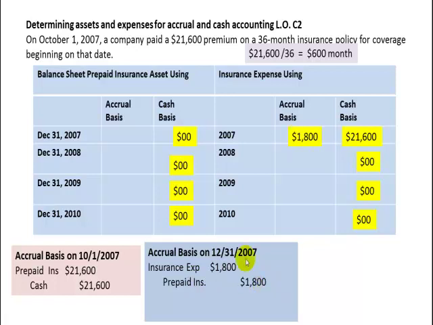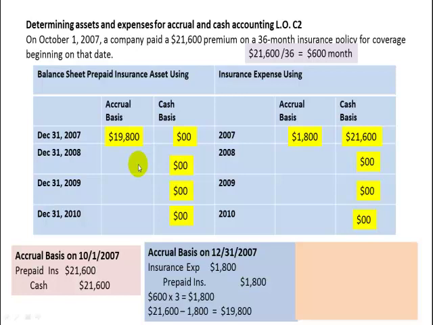So under accrual basis accounting, our expense for 2007 will be $1,800, and our asset will be the difference between the $21,600 and the $1,800, which is $19,800. So we started out with an asset of $21,600, we've used up 3 months of it at $1,800, and now we've got $19,800 at the end of 2007.